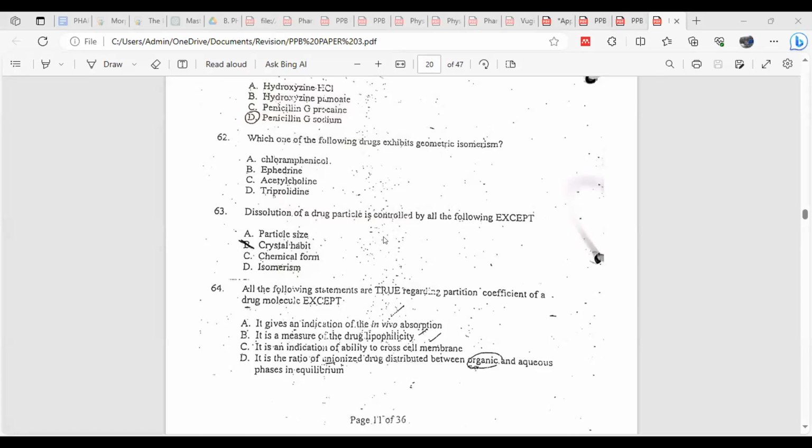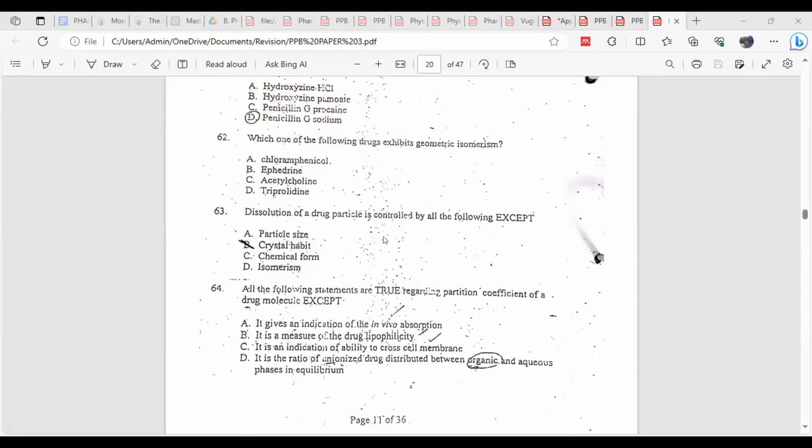Particle size is equal. So A and B are there. Particle size, surface area, crystal habit, distribution, and solid state.